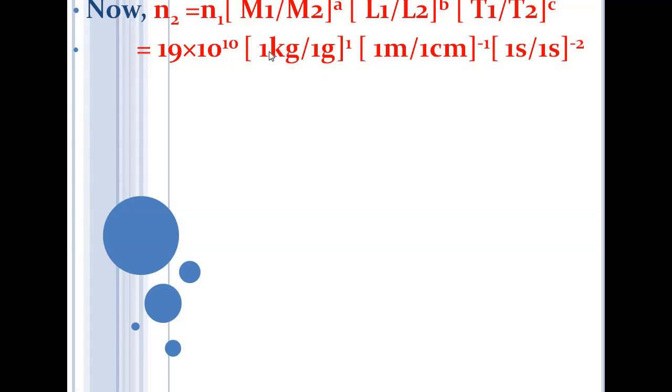Now convert the 1 kg into gram, so we can cancel gram, or simply 1 gram into kg, we can cancel kg.